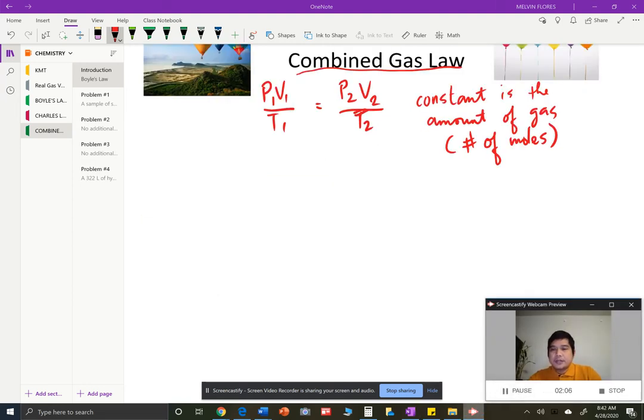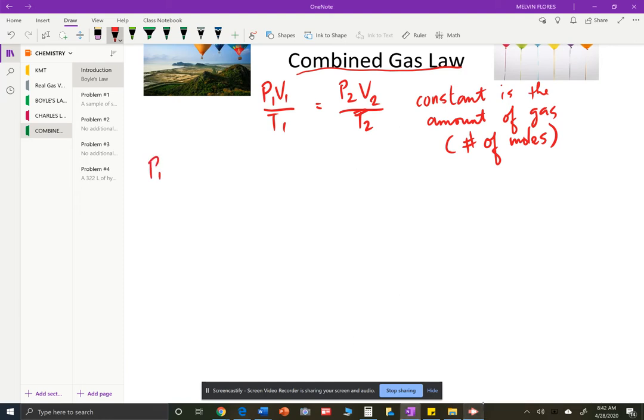So if we're going to manipulate the formula, remember that this is cross multiply. So P1 V1 times T2, that is cross multiply, and then cross multiply this, so equals P2 V2 times T1.